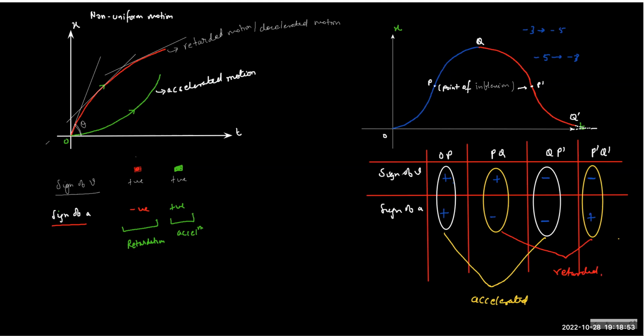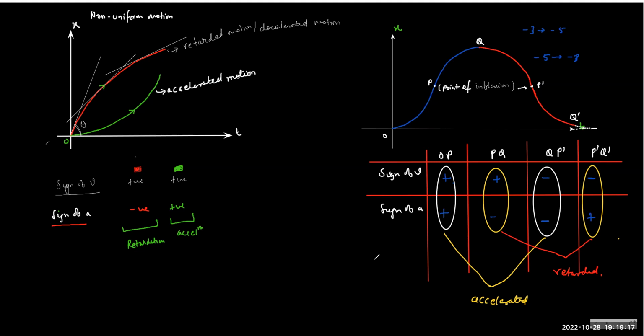So concave up and concave down can have different meanings. While ascending, concave up is acceleration, concave down is retardation. But while descending, concave down is acceleration and concave up is retardation.